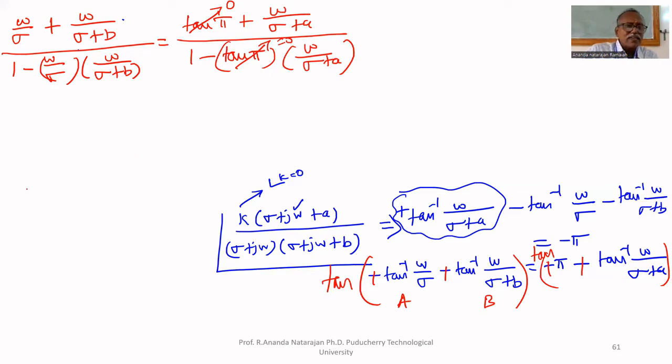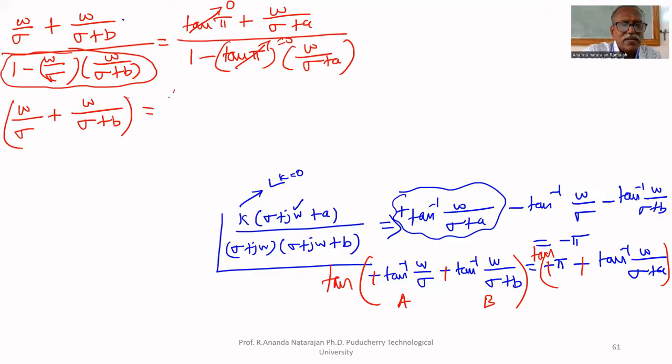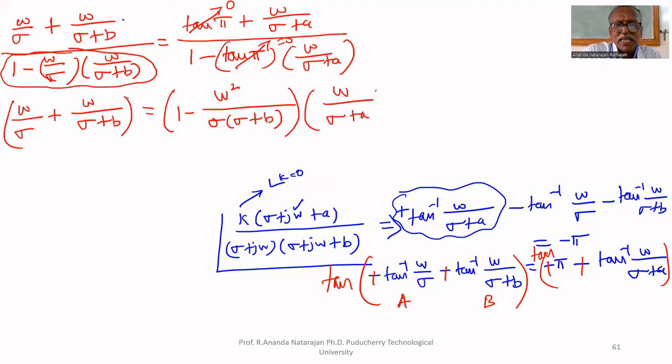Therefore, we can write omega divided by sigma plus omega divided by sigma plus B on the left hand side, equal to, you bring this to the right hand side, 1 minus omega square divided by sigma multiplied by sigma plus B, multiplied by omega divided by sigma plus A.